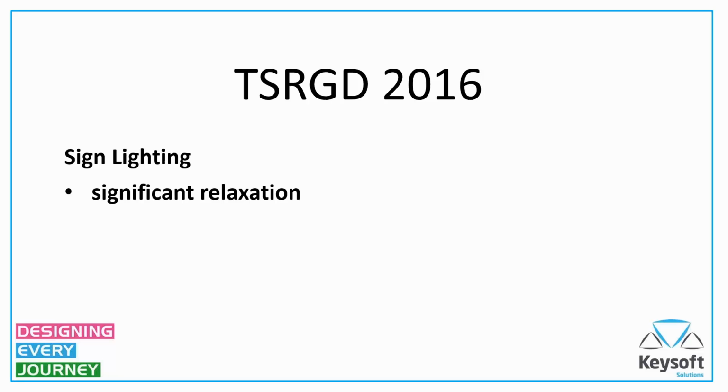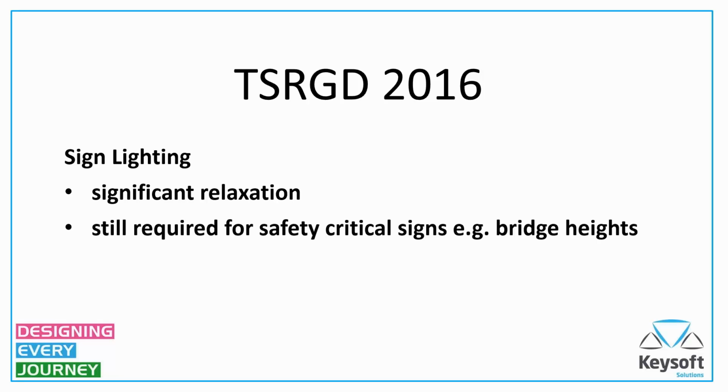There were a number of options that were presented to the public and to ministers, including relaxation of regulation to light any sign, but it was felt as sort of a middle way where warning signs were less required given the technologies, particularly in the cubic shape of retro-reflective material. But lighting still required for safety critical signs.